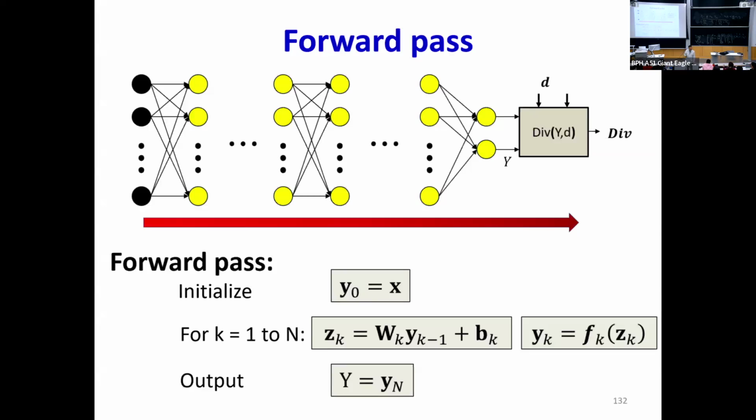Is there any change in this formula if the output y is not a vector, like when you have a binary classification? When we perform binary classification, we just use a sigmoid or a softmax activation, but the activation function is still a vector operation, right? y equals f of z.